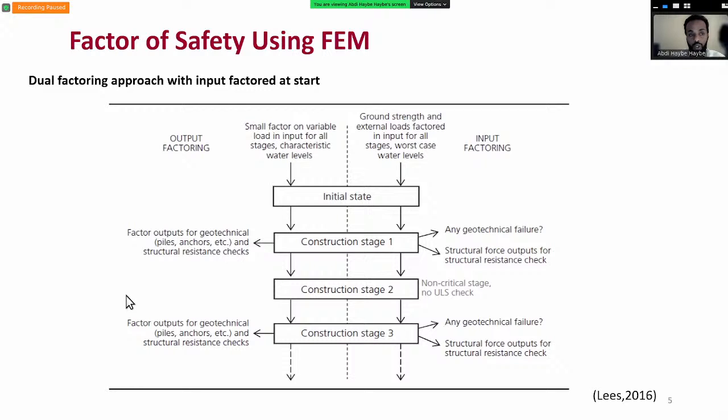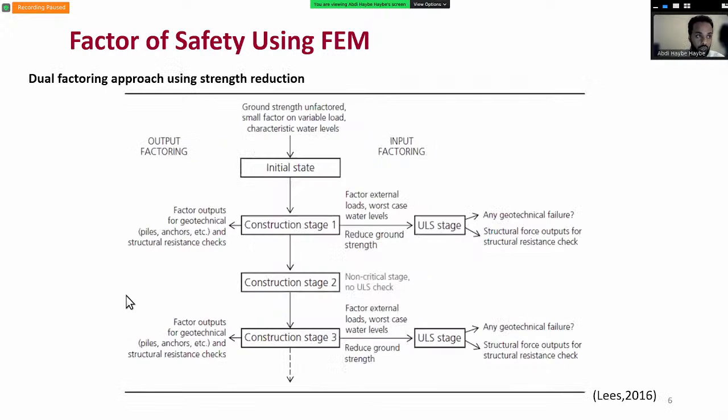This would be an easier approach, but it would also give us unrealistic results, because we factored from the initial state, which might not be true to the initial stresses of the structures. Another approach would be the dual factoring approach using strength reduction. In this approach, ground strength and all the water levels would be unfactored from the initial state, and factors would be taken into account at each construction stage.